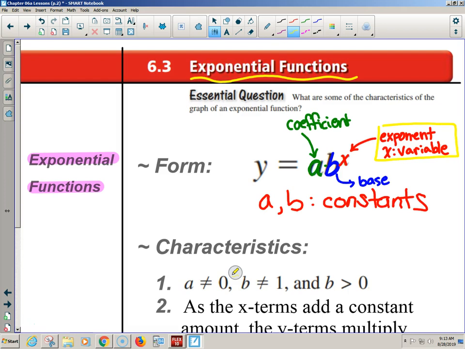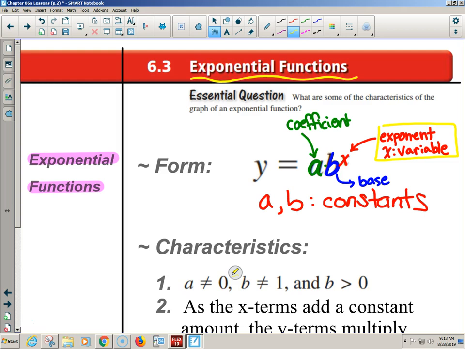That's what's new. That's what's different. Because normally we have variables down here with constant exponents. But this isn't called an exponential function because there's a constant in the exponent. An exponential function is one such that there's a variable in the exponent.